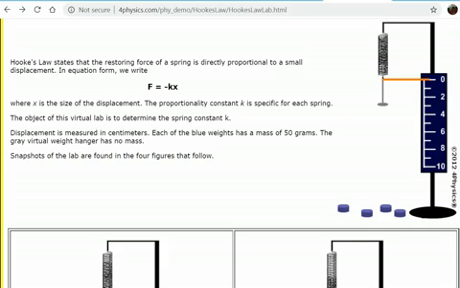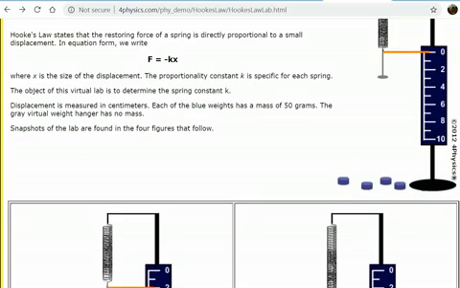What you see here is that the mass is being measured in grams, and the displacement is being measured in centimeters. But if you remember, the unit for force is the Newton, right?